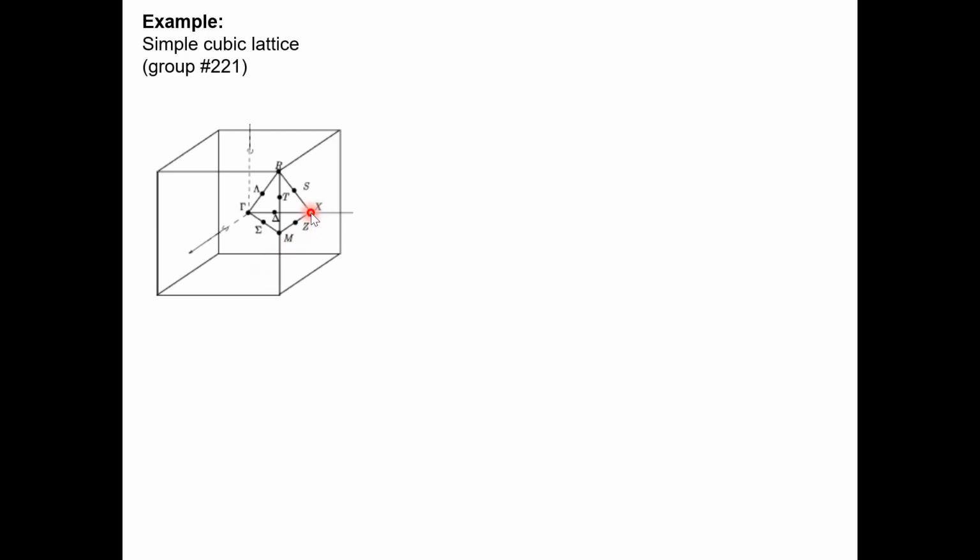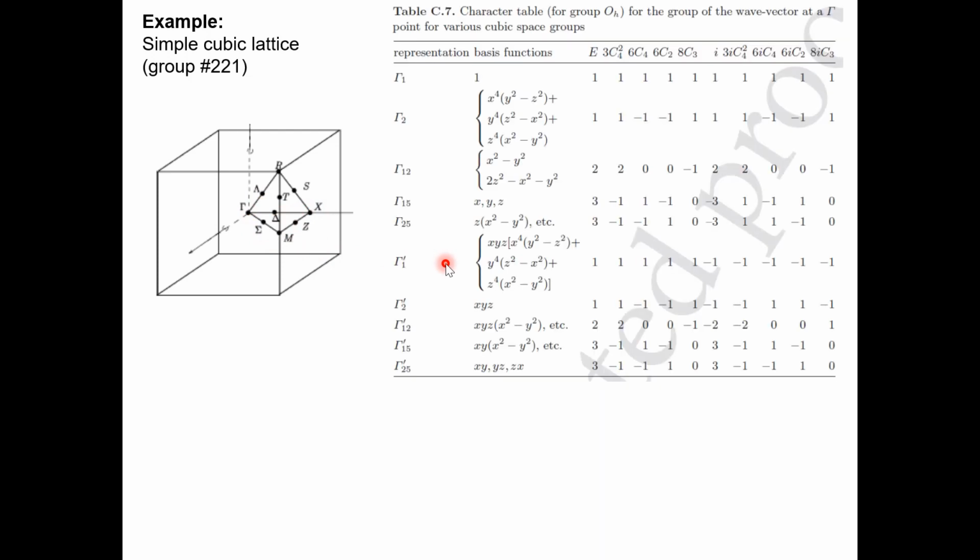Here's the X point in the middle of this face of the Brillouin zone. The R point is in the vertex of the cube, and all these different directions in the Brillouin zone. So what we do is we have to consider each k point in a separate way, and then we can find character tables for all the different k points.